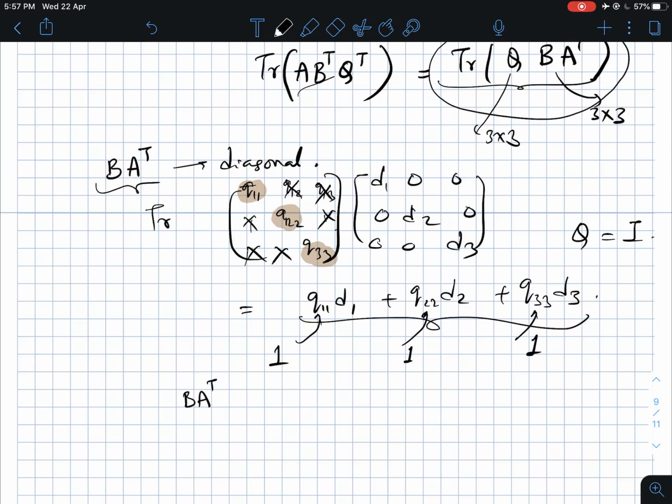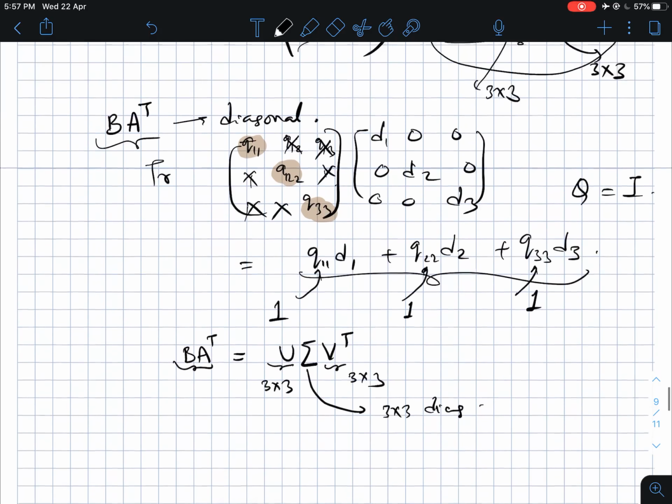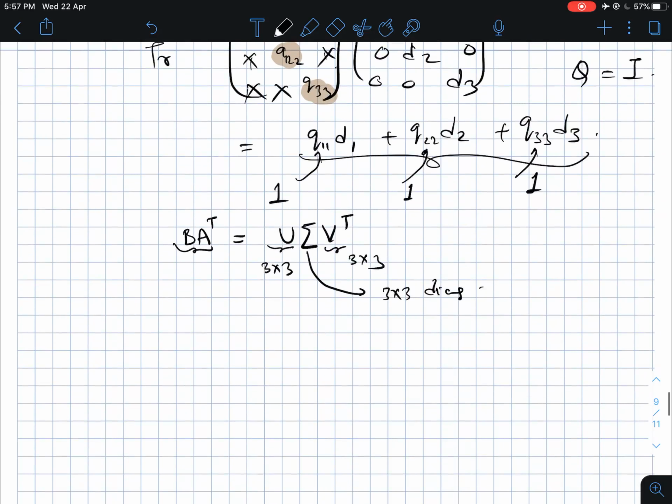If BA transpose is symmetric, you can use the spectral decomposition theorem, but it may not be symmetric, so let me use the SVD. Let me write BA transpose as U sigma V transpose. BA transpose is a square matrix here, so U will be 3 cross 3 orthogonal, V will be 3 cross 3 orthogonal, and sigma will be 3 cross 3 diagonal.